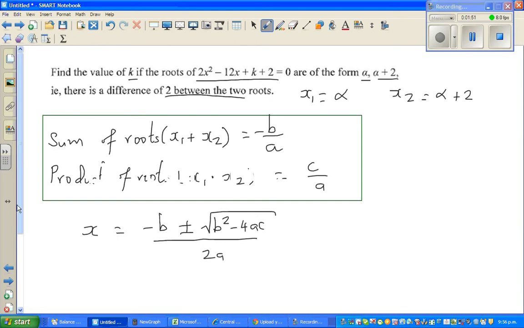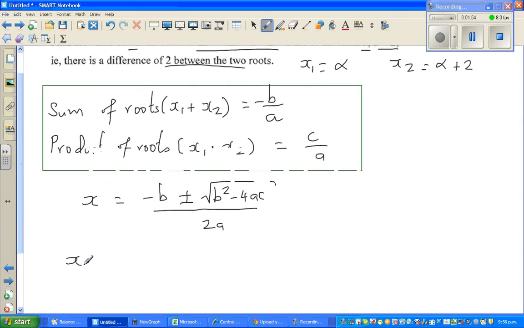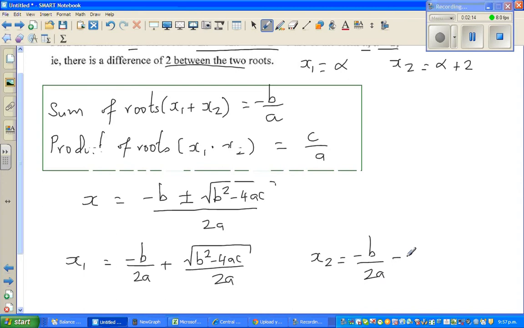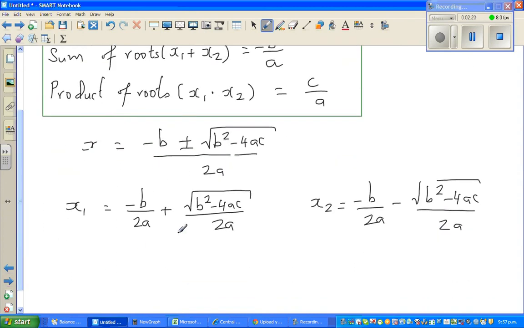If you want to write this in two forms, x1 is minus b over 2a plus square root of b squared minus 4ac over 2a, and x2 is the same thing but with a minus: minus b over 2a minus square root of b squared minus 4ac over 2a. So what happens if I add them? This is the general form.